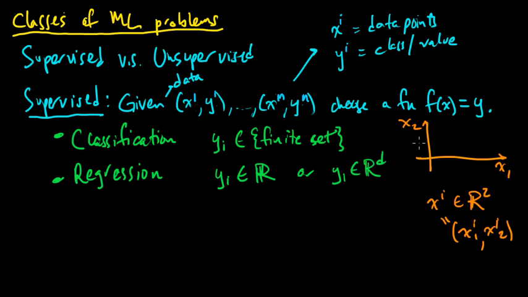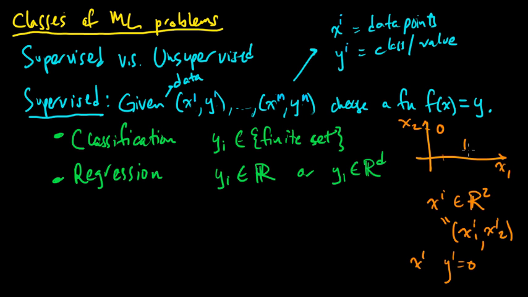And say we get some data points here. If x1 has this first coordinate and this second coordinate, then I'll write 0 if y1 is 0.